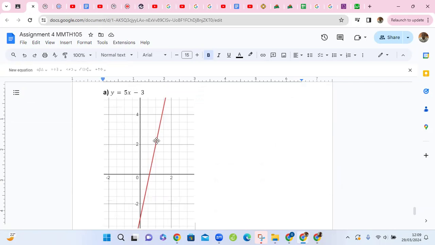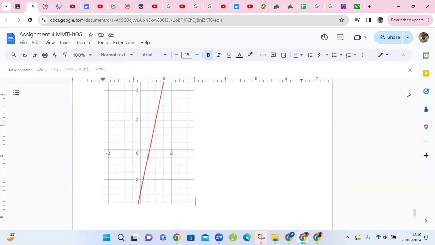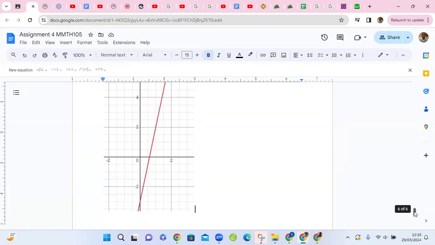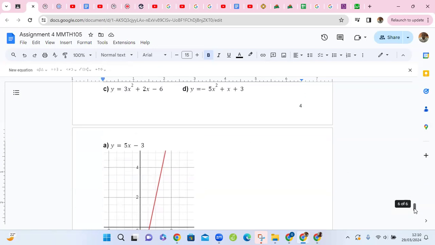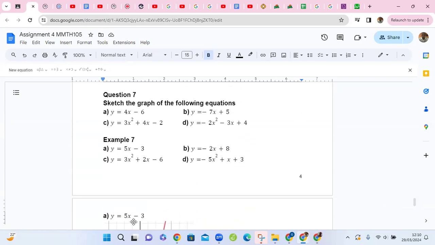So anytime you see a line, it shows you the behavior of the y. The x is always increasing from left to right, but the y can be increasing or decreasing as x is increasing. So for this one, as x is increasing from left to right, y is increasing also from down to up. And that's why the gradient here is positive, it is +5.